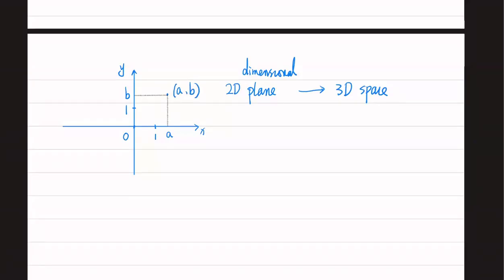On the two-dimensional plane, we use two numbers to locate the point. The first number, we call it the x coordinate.